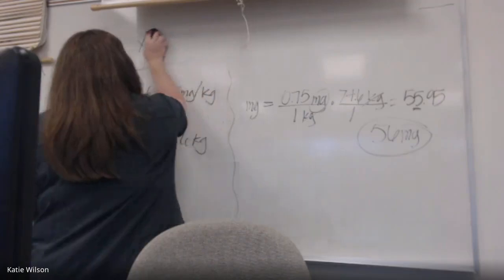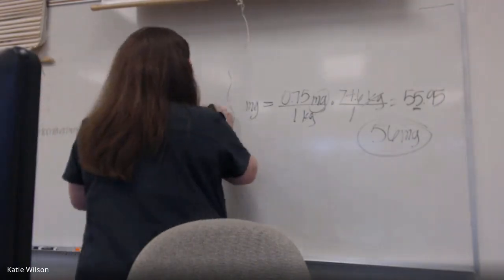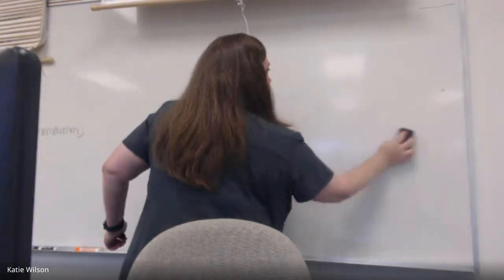Okay, example 2. Provider orders aminophylline 6 milligrams per kilogram IV every 8 hours. The patient weighs 65 kilograms. Calculate the dose in milligrams of aminophylline the nurse should administer.